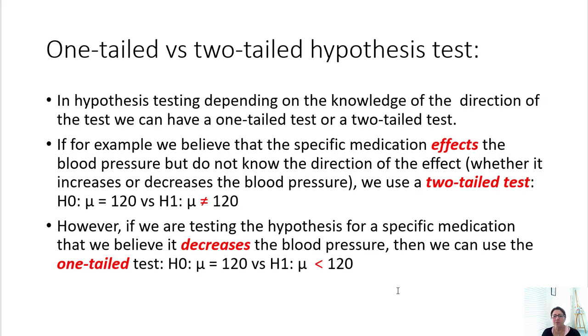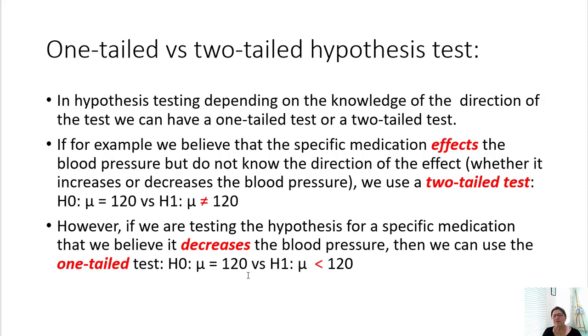If, for example, we believe that a specific medication affects the blood pressure, but we do not know does it increase it or decrease it, then we use a two-tailed test. If we know about the direction, we use a one-tailed test. So for two-tailed test, I mean the not equal sign for the alternative hypothesis. For one-tailed test, we put a less than or greater than.